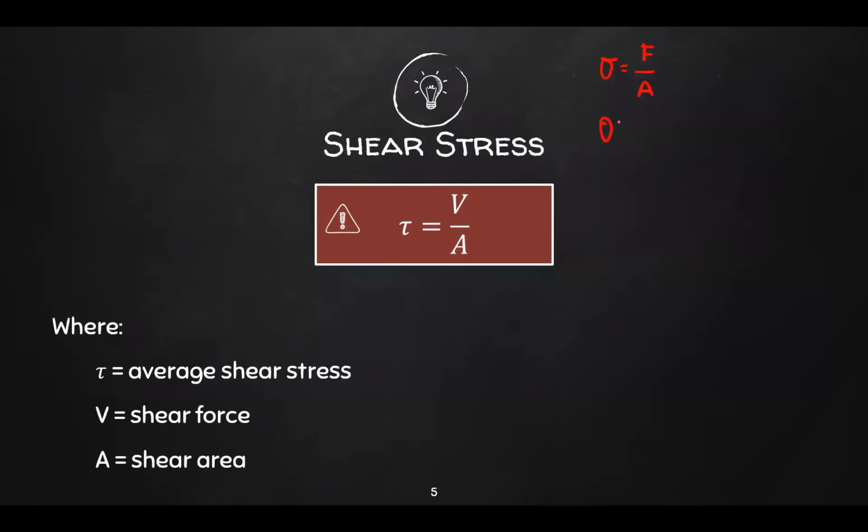We have normal stress, sigma equals P over A, where P is the perpendicular force to area A. And then now we have shear stress, tau equals V over A. So they're basically the same thing. They just denote different types of stress. So sigma normal, tau shear, P perpendicular force, V parallel force.